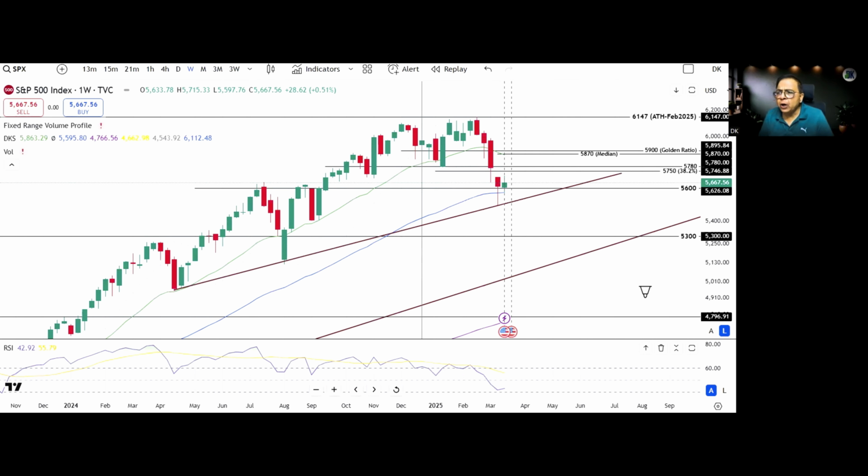If it goes beyond that, then 5,870 is the median of the bearish candle and the golden ratio comes at 5,900. So there are two distinct bands of supply area. One is from 5,750 to 5,780 and then 5,870 to 5,900.